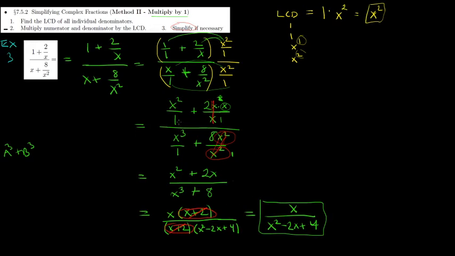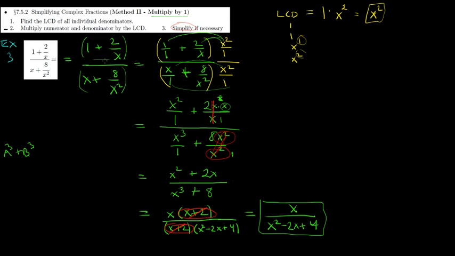Right. So it really depends on how the original problem is expressed. If this were already a single fraction, in other words, if this was already one fraction and this was already one fraction, then method 1 probably works better.